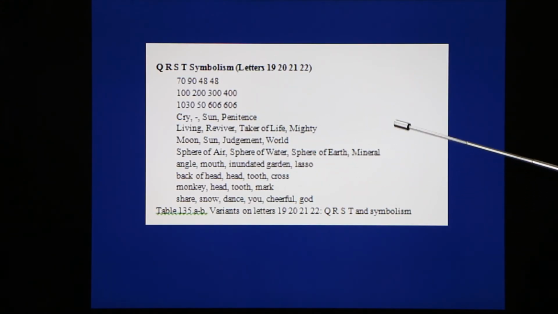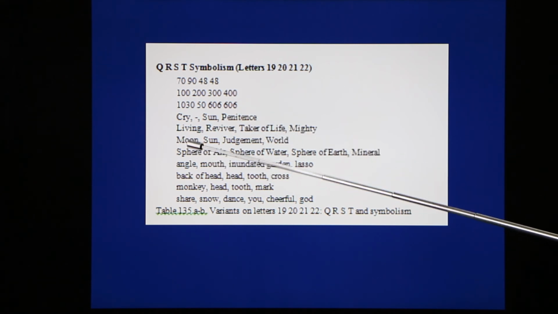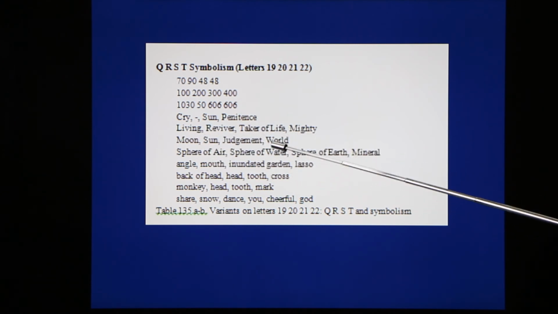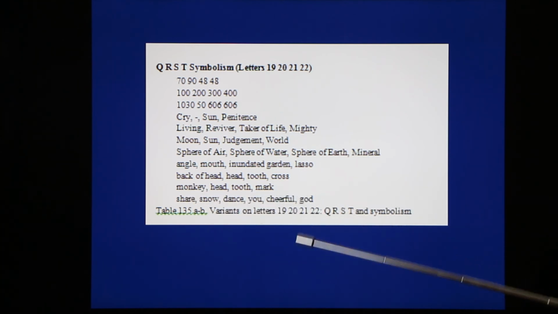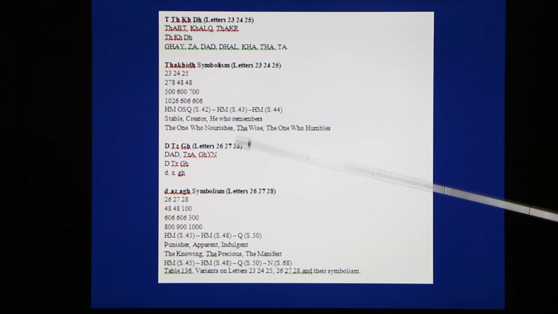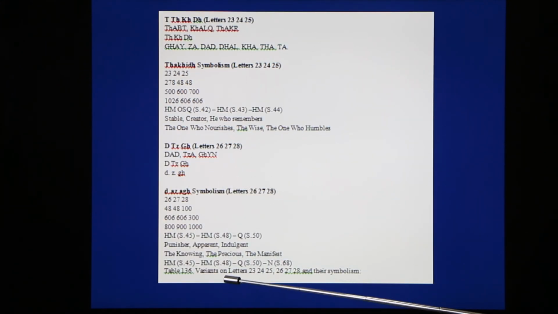And again, cry, son, penitence, living, reviver, taker of life, mighty, so life and death, monkey, head, tooth, mark, and so on. And these are the final 2, with much less, because the Arabic has then the 28 letters, but if you have only the 22, then these 2 last sets drop out.